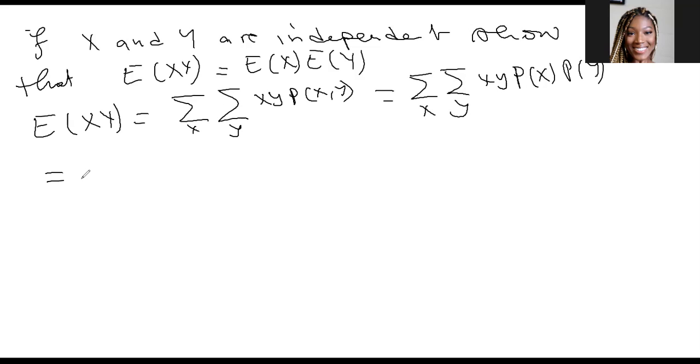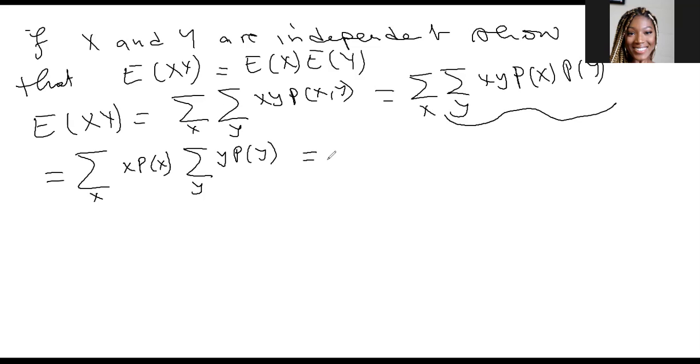Which is equal to the sum over x. If I take this as a sum over y, then everything in x can get out. So I can take out x P of x times sum over y of y P of y.